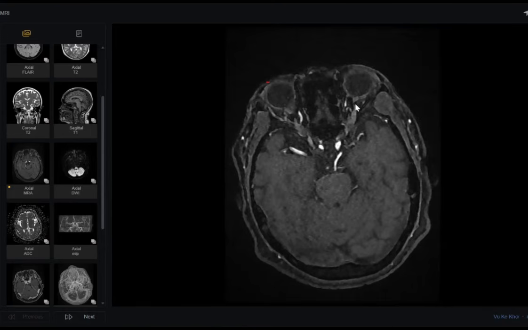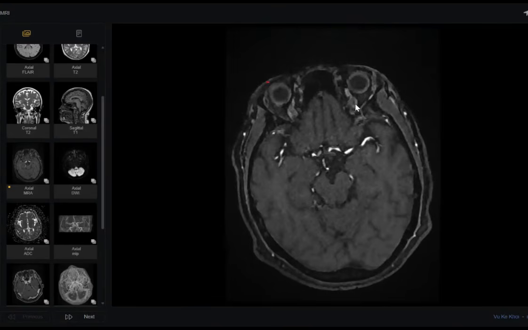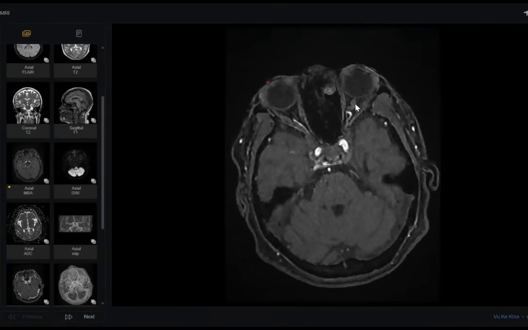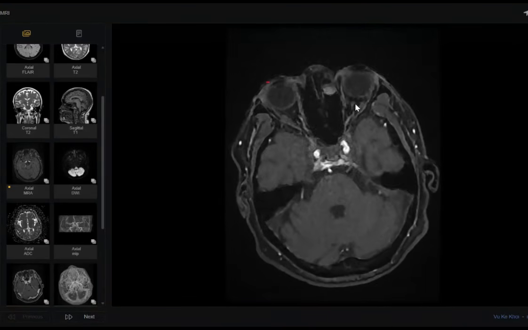So trauma, I think trauma is the most common. What else? Idiopathic, trauma, infection. Yes, infection, idiopathic, all of this. Okay.